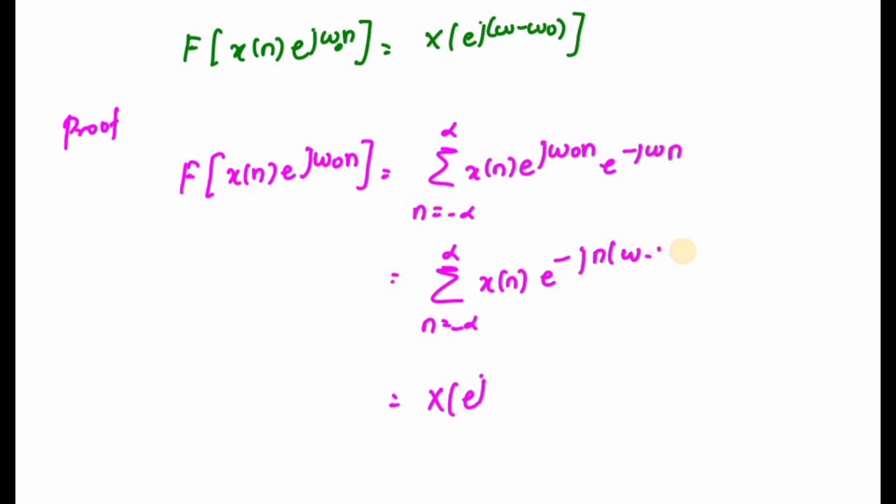If I take the minus inside, I will get e power minus j n omega plus e power j n omega naught. So you will get X of e power j (omega minus omega naught).